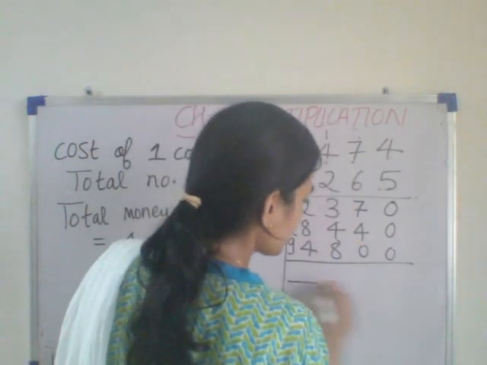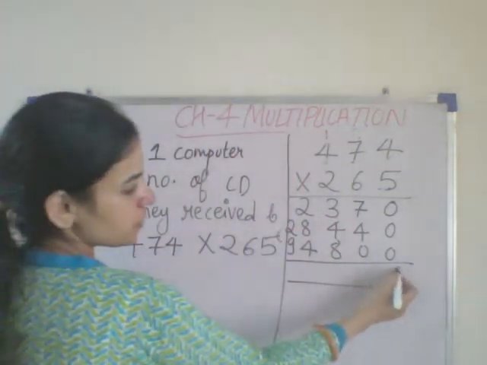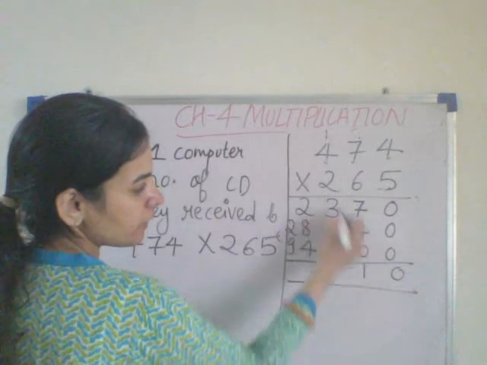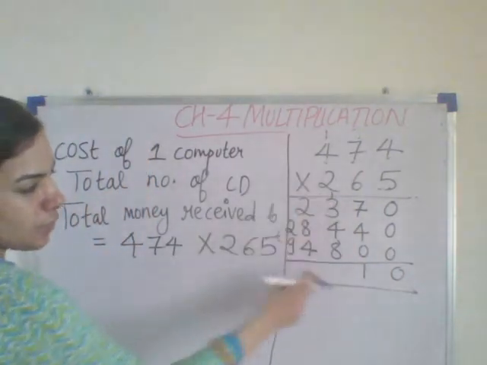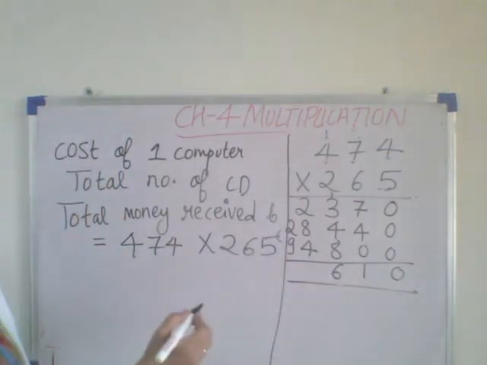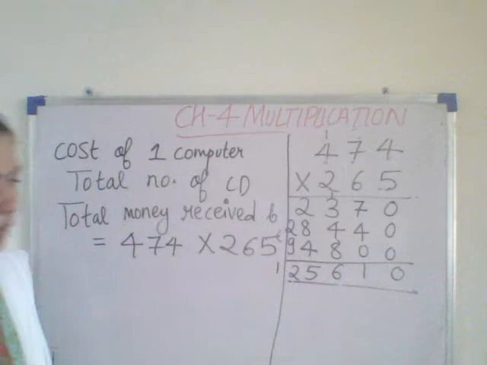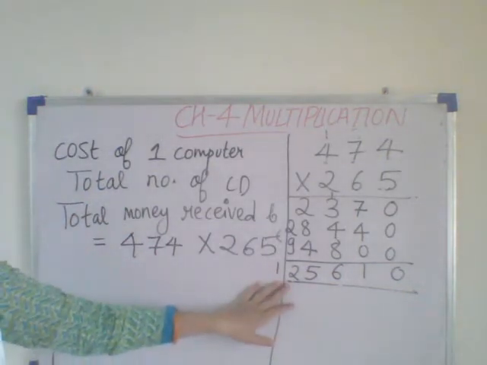Then you will be adding these 3 numbers. If you add these 3 numbers, you will be getting 7 plus 4, 11, 1 moves to carry. If you add all the numbers, you will be getting... So this is the total amount.